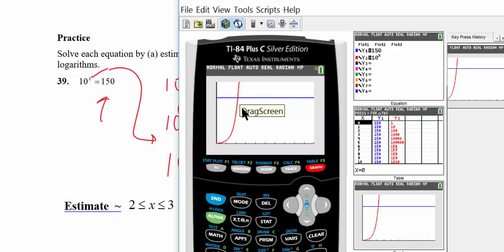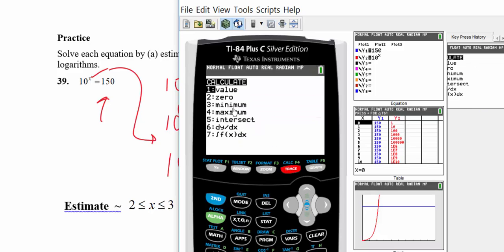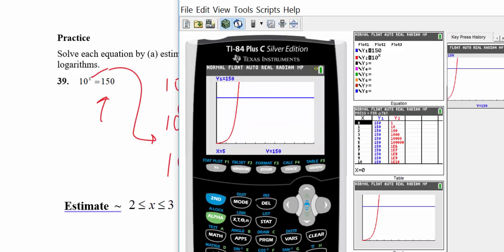We're looking for this intersection, so I press second, trace. Oops, let's try that again. Second, trace, number 5 for intersection. And then I'll press enter, enter, enter. And it says the intersection is happening at 2.176. So let's just call this 2.2.